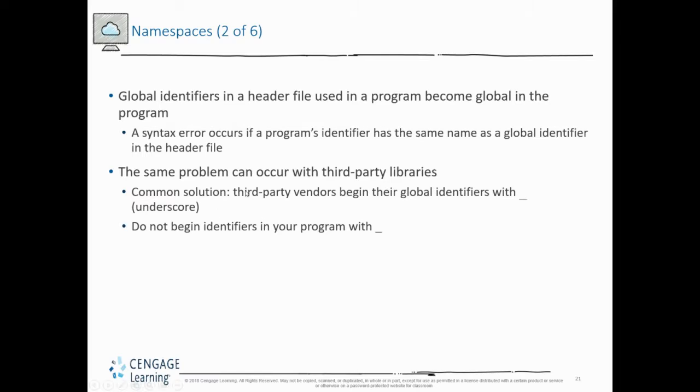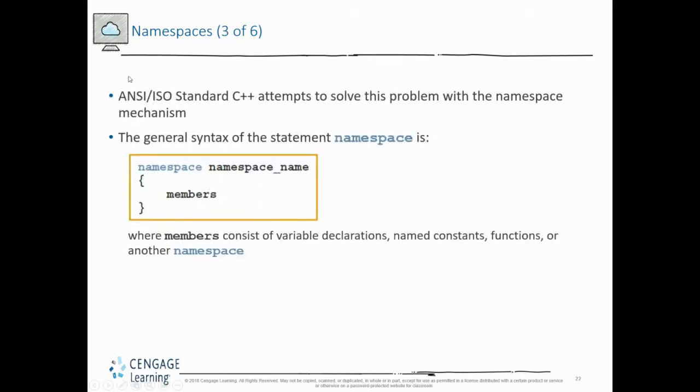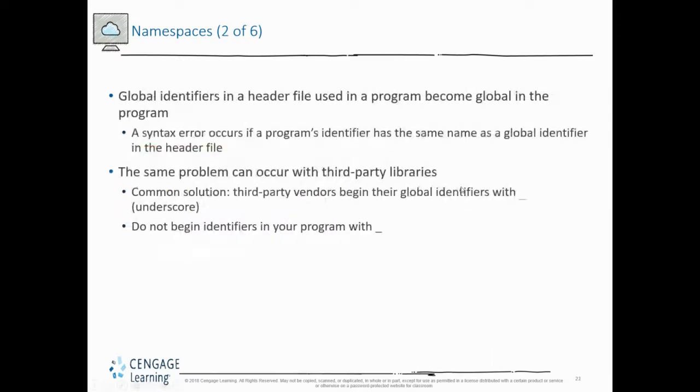There are a lot of third-party vendors these days, and they have a lot of C++ work that they are using to try to get part of the market of programmers using C++. And all of their identifiers will begin with an underscore.